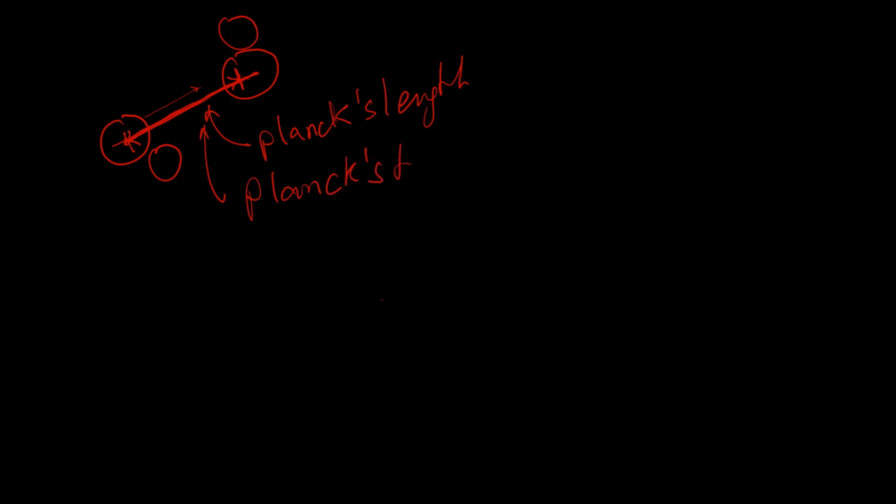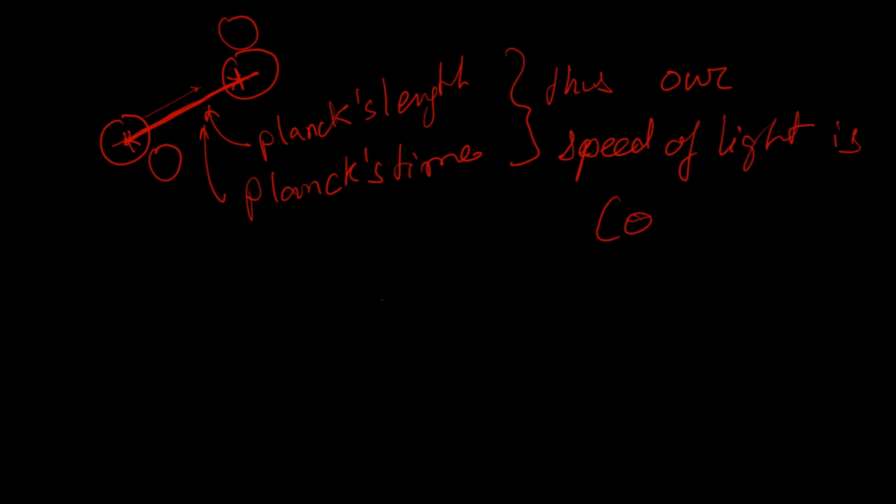So this distance, from this point to this point, or from its center to its center, is exactly Planck's length, and the time taken between any two successive collisions is exactly Planck's time. Thus, our speed of light is constant.